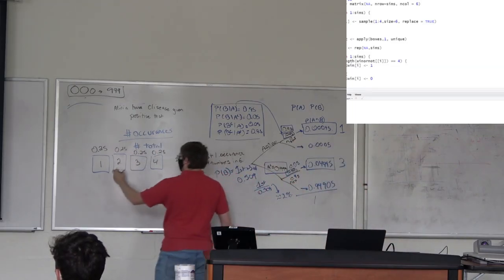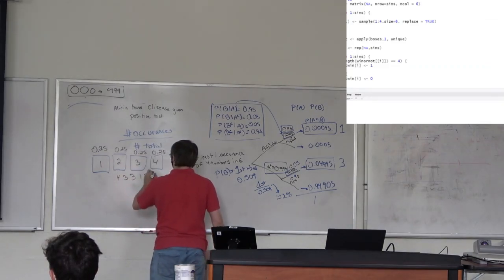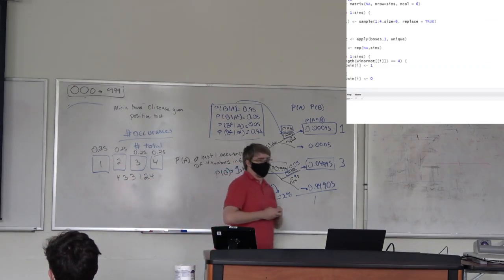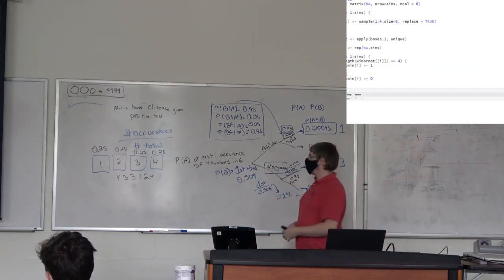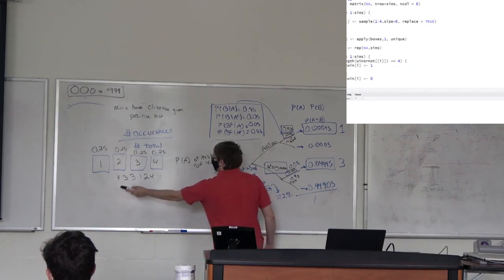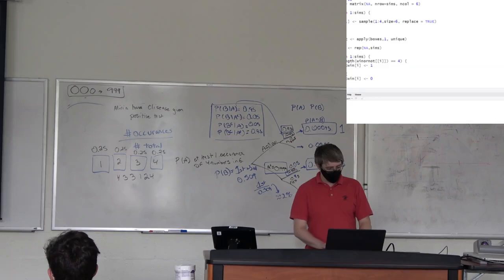So this is 4, 3, 3, 1, 2, 4. That's just one run of me getting 6 cereal boxes, and I would win here because I have 1, 2, 3. I'm going to do this 50 times and see how many times I win.